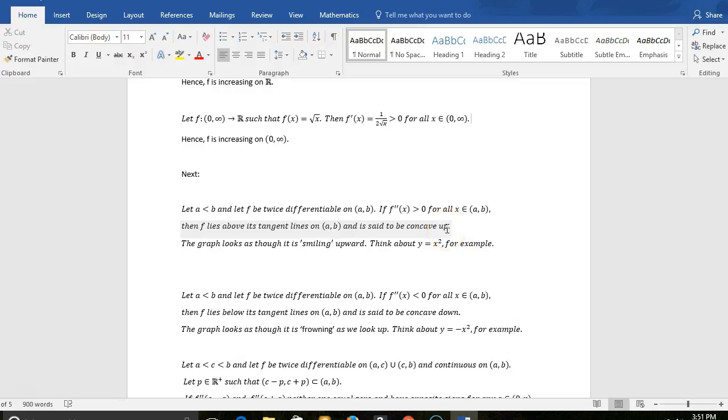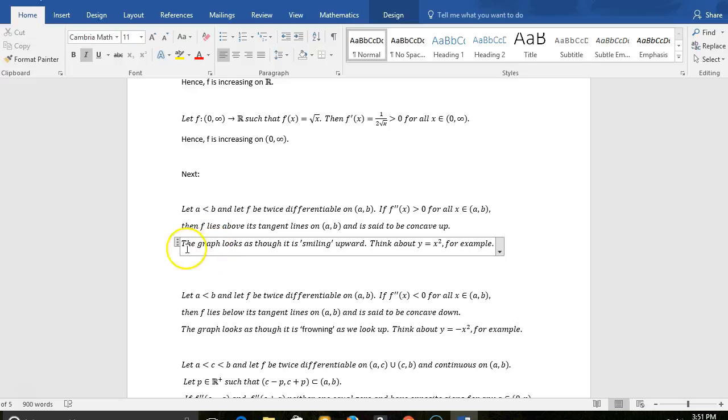Truth be told, you could actually go to negative infinity to positive infinity, at least for the parabola y equals x squared anyway. There might be other functions where that wouldn't necessarily be true, but I don't want to get neck deep into all that right now.